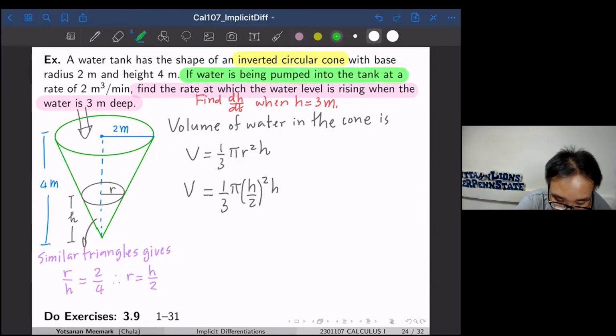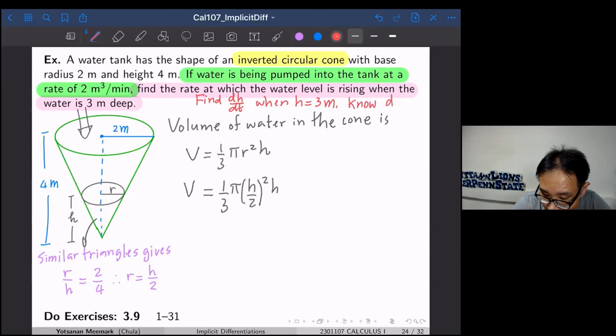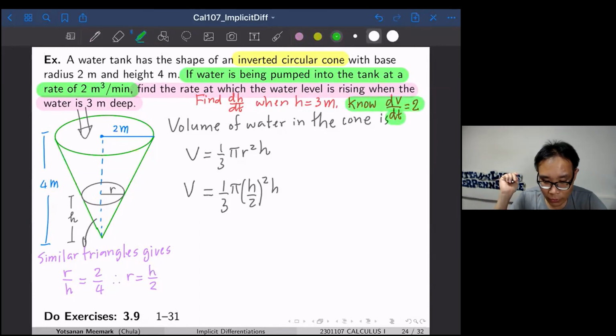So this is also something that the question gives you. From the green highlight, we know dV/dt equal to 2.